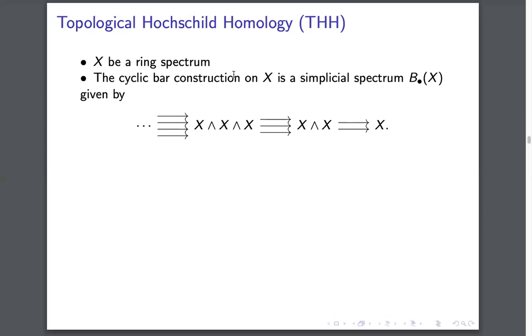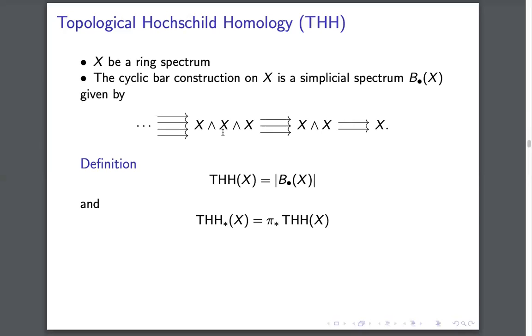For the third face map, you do something funny. You apply a cyclic permutation to this level. You move this x to the right, this x to the right, and this x all the way to the front, and then multiply the first two. That gives you your face maps in your simplicial object. And the degeneracies are given by inclusion of the unit.